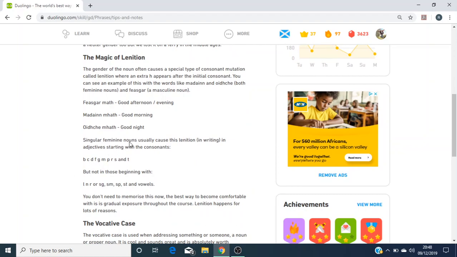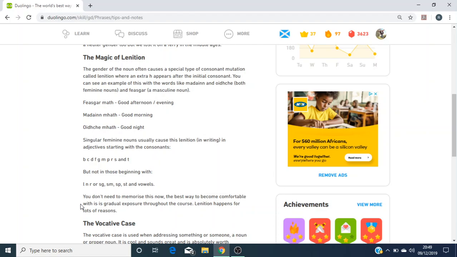Singular feminine nouns usually cause this lenition in writing in adjectives that start with the consonants B, C, D, F, G, M, P, R, S, and T, but not with those beginning with L, N, R, or S followed by G, M, P, or T, or vowels. You don't need to memorize this now.